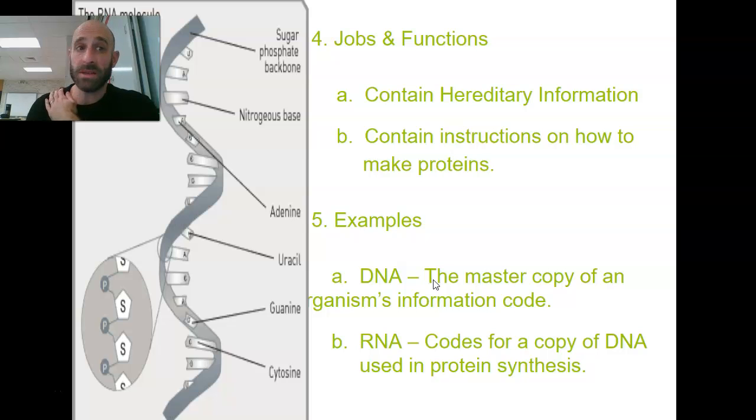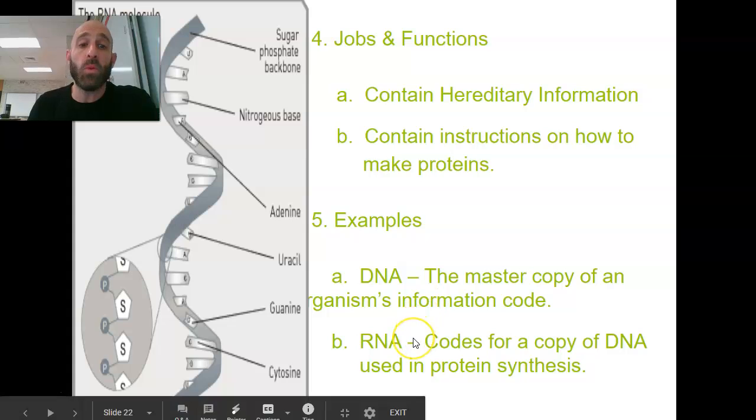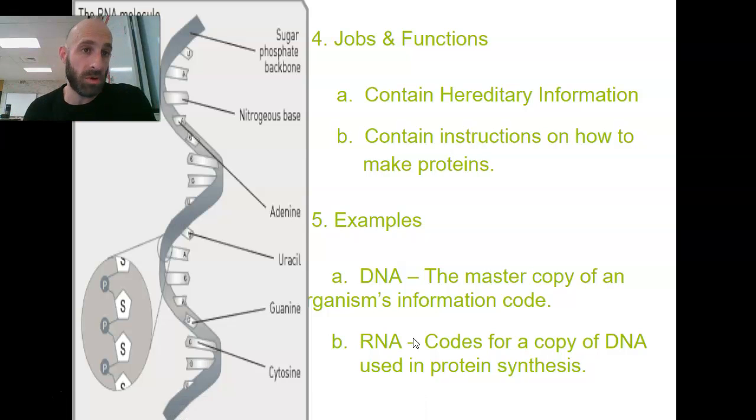And your muscle cell has the same copy of DNA as your liver cell, right? And then RNA is a type of nucleic acid which copies information from the DNA and then makes the protein out of it. So think of RNA as the messenger that copies the DNA and then makes the protein. If that's confusing to you right now, that's okay. We are going to make sure we explain it much better when we get to that unit.